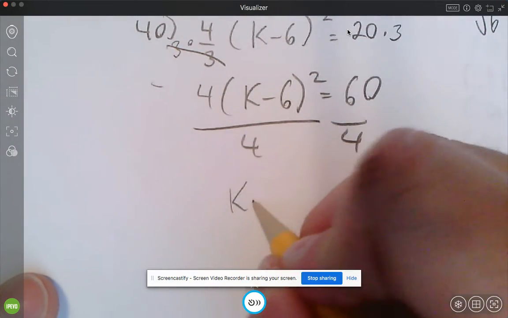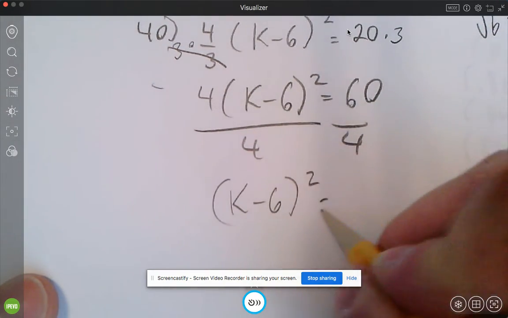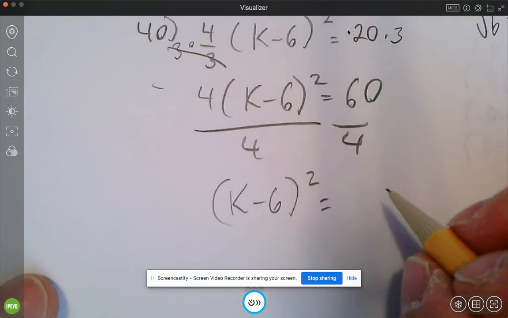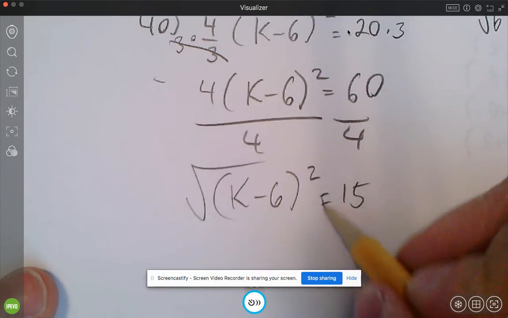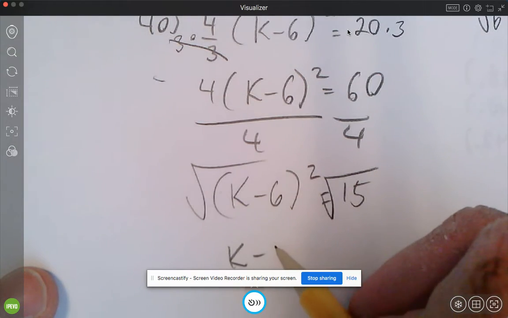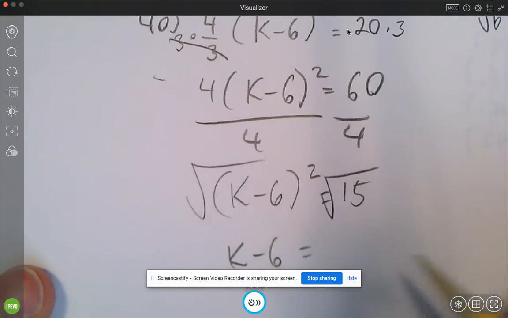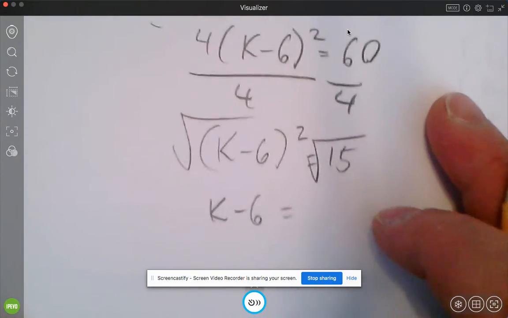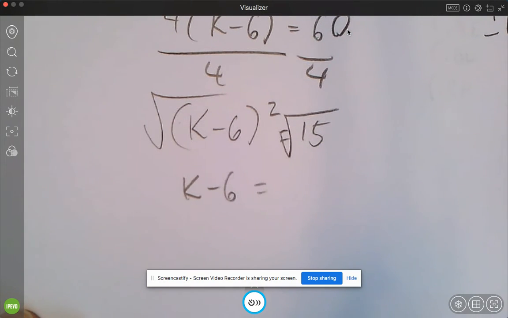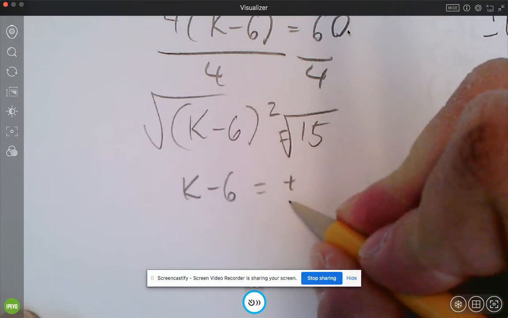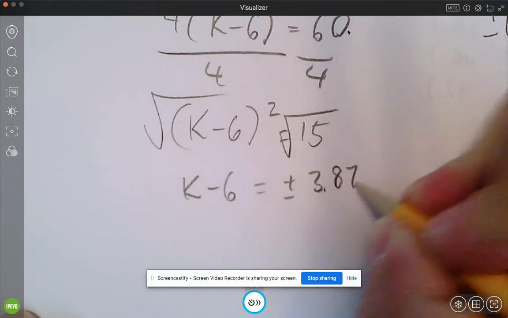So I'm left with k minus 6 squared equals 60 divided by 4, that's going to be 15. And I square root both sides. K minus 6 equals, now we're going to do the positive and negative version of the square root of 15. So the square root of 15, second square root of 15, comes out to positive or negative 3.87.